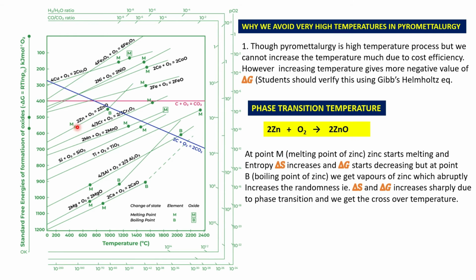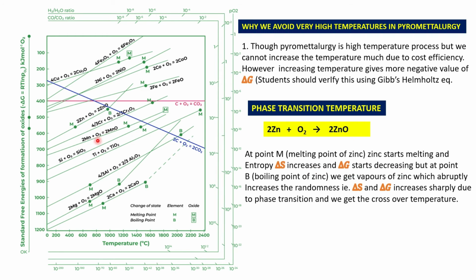If you focus on point M for zinc, oxygen, zinc oxide: at point M, the melting point of zinc, zinc starts melting and entropy, that is delta S, increases. There is no reason why delta S will not increase. And delta G starts decreasing.